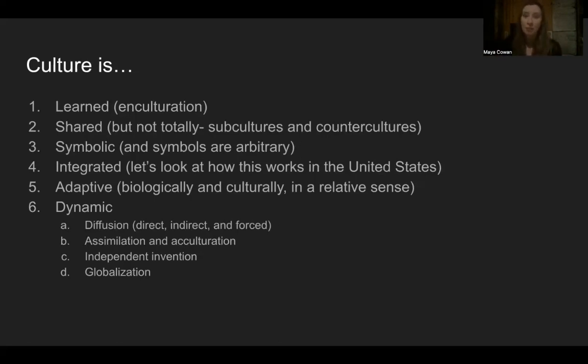Culture is integrated. So to look at how this works in the United States as an example, it means that cultures can be integrated with one another, right? You can have different groups of people from different cultures living together, and they don't necessarily have to share the same culture.